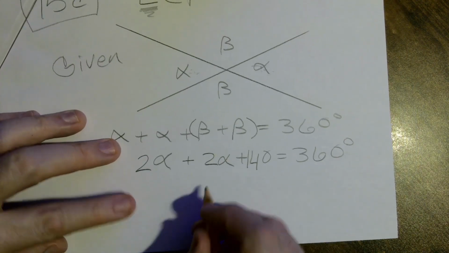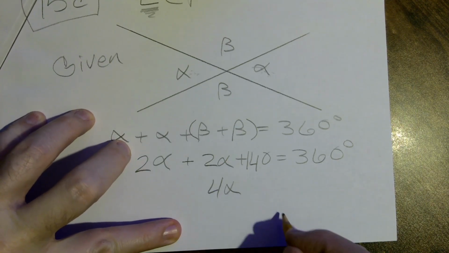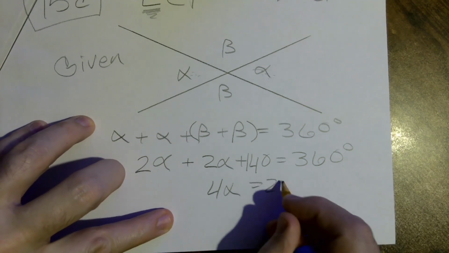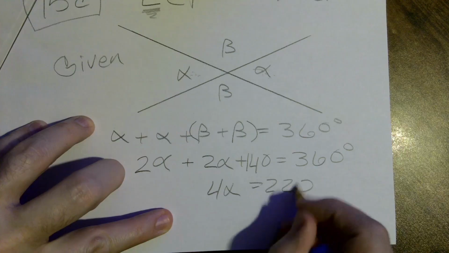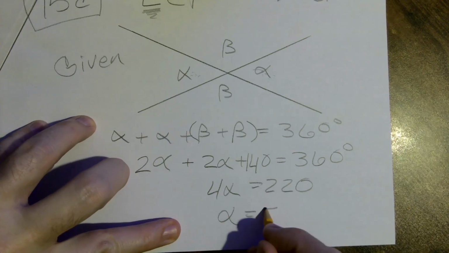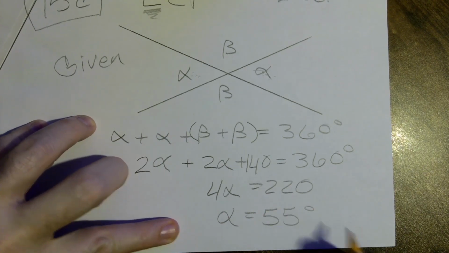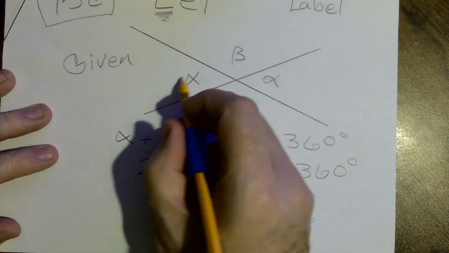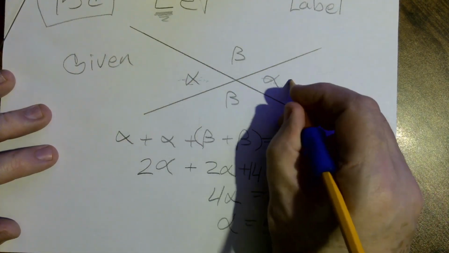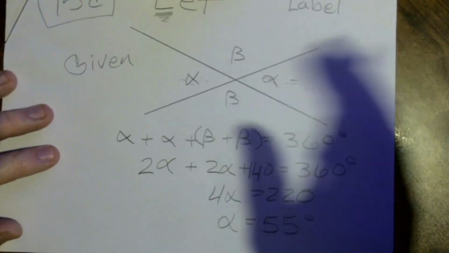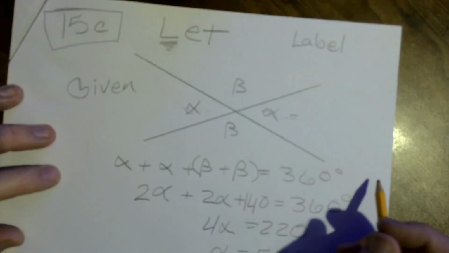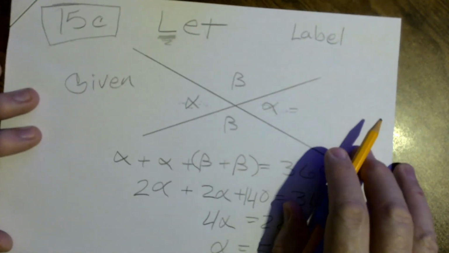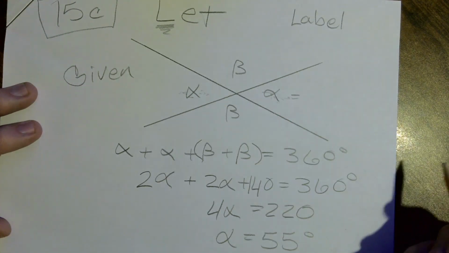So here we have 4 alpha equals 220. Alpha is 55 degrees. So that's just one of these. So one pair, and they don't give the names. They just talk about a pair of anonymous vertical angles. So we're giving it the names.